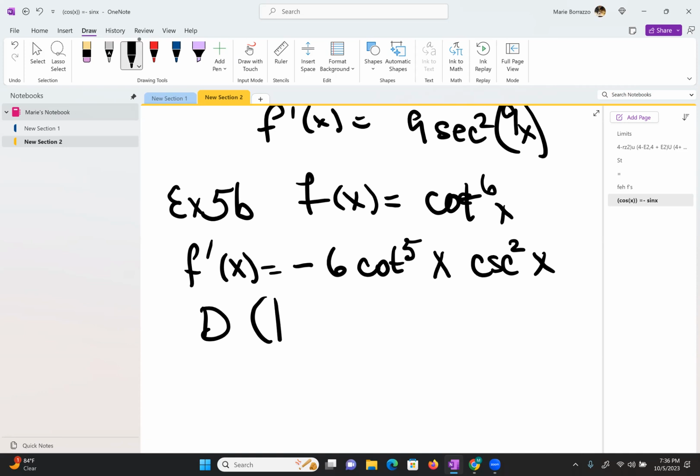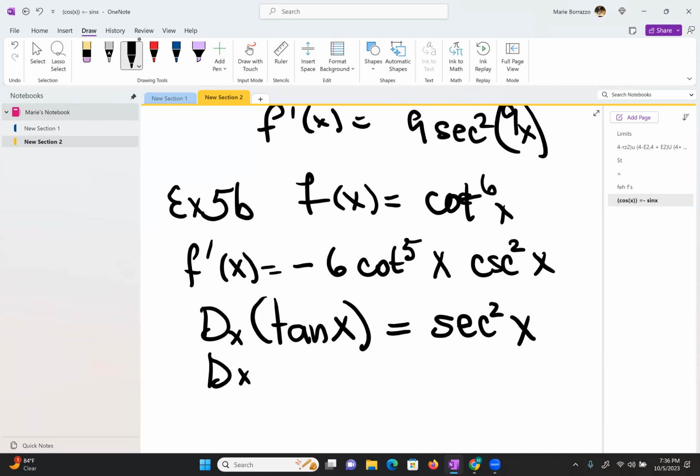For the derivative of tan x, d/dx of tan x is equivalent to secant squared x. The derivative of cotan x is equal to the negative cosecant squared x. That's why this one ended up being negative.